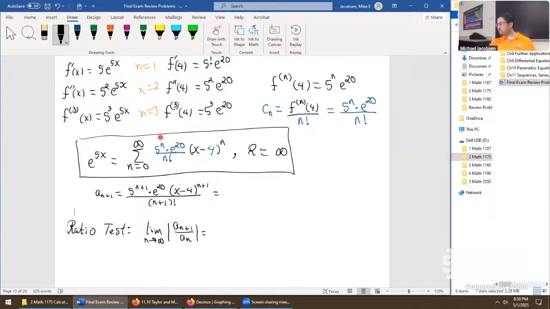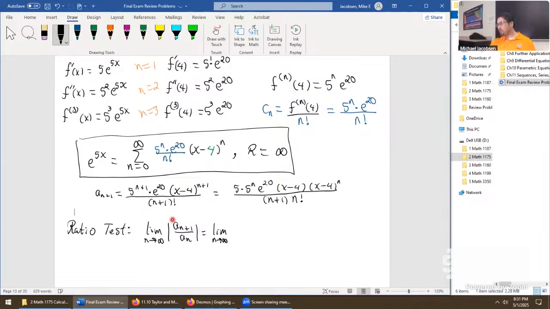So when we split this up, we get 5 times 5 power of n, e power 20, x minus 4 power of n. But the bigger factoring is just making sure nothing crazy happens with that factorial. Let's break this up as n plus 1 times n factorial. Then using this in the numerator for the ratio test.